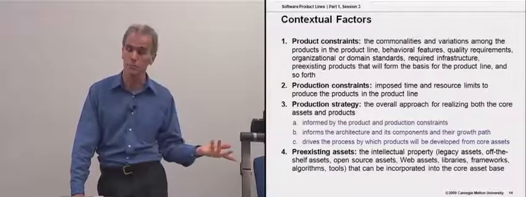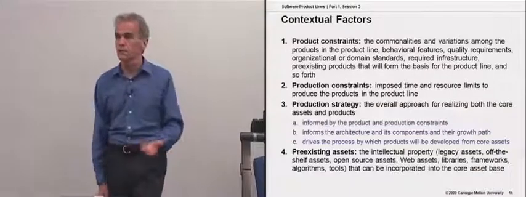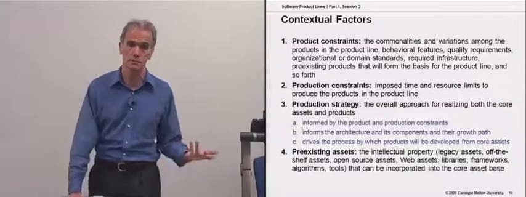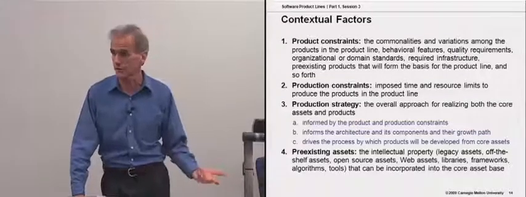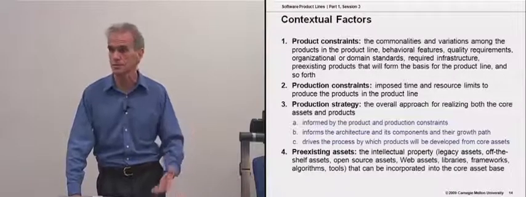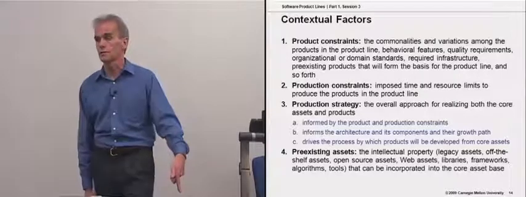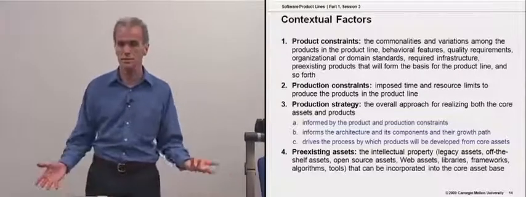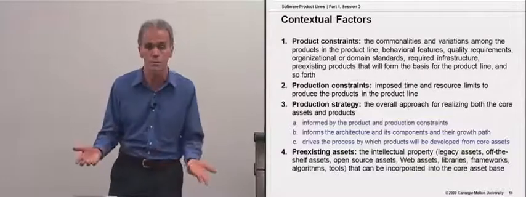And when you're buying commercial products, one of the things you're going to have to do is some vendor qualification to determine, is this vendor going to be around over the projected lifetime of this product line? Because you're going to be introducing dependencies on their upgrade cycle for your product line. So these are decisions that you are probably making now even outside of product lines whenever you go to a particular vendor.